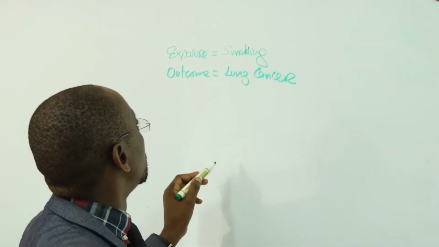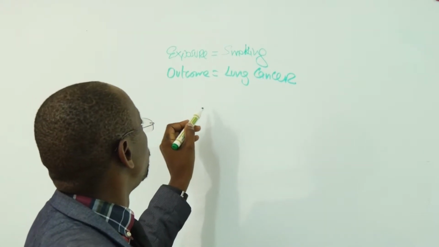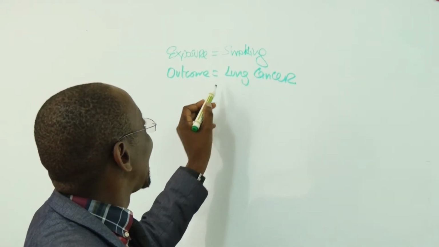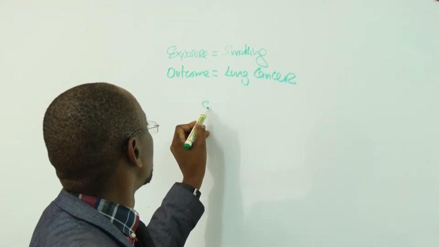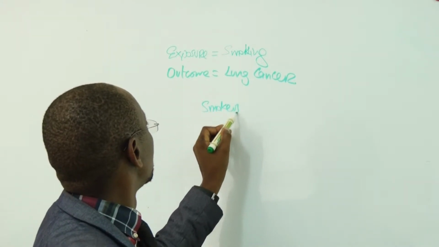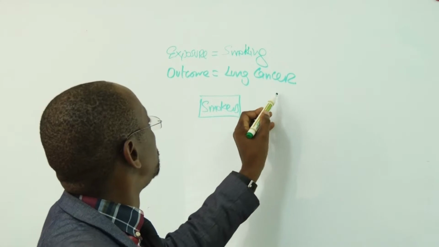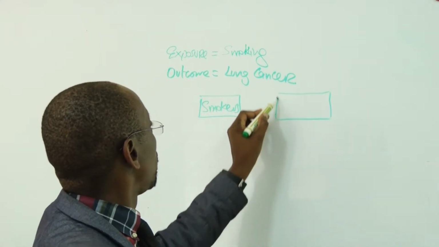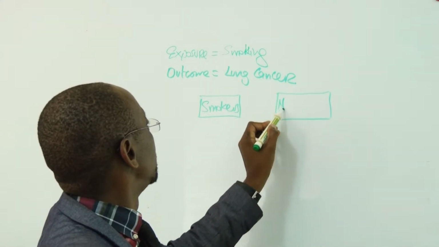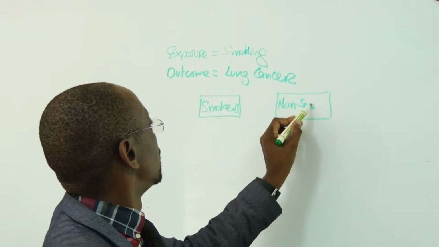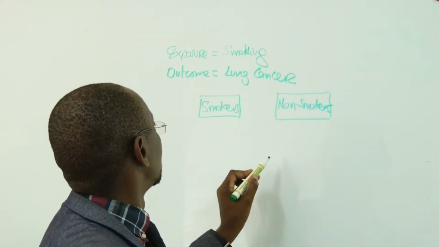What we do is we get a group of people without lung cancer but who smoke, so we get smokers, and then we get people who do not smoke and do not have lung cancer, and these are non-smokers.